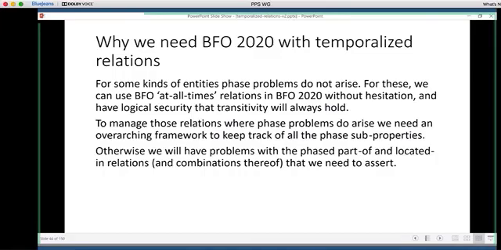So it's going to be hard, but again, we need to do this work anyway. It's just that BFO 2020 gives you a framework for doing this, and it gives you a strategy for proving consistency for doing this. It enables you to define the templates for doing this so that once you've done it once, you will find it much easier to do it a second time because you can just use the same template.